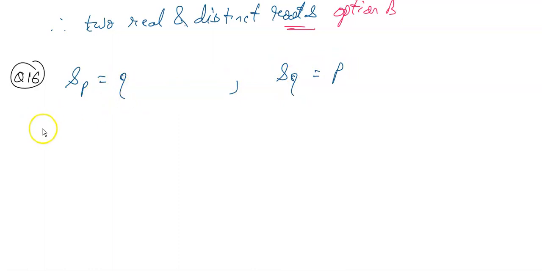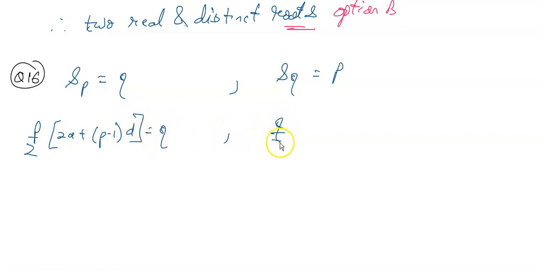Now sum of p terms of an AP, let's say the first term is a, so p by 2 into 2a plus p minus 1 into common difference d is equal to q. Here we will get q by 2 into 2a plus q minus 1 into d is equal to p.